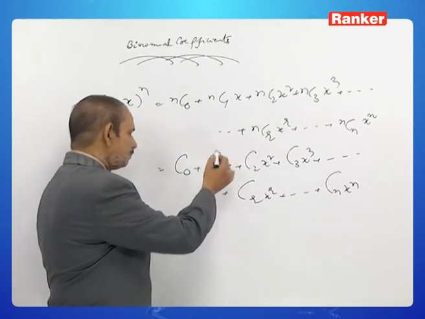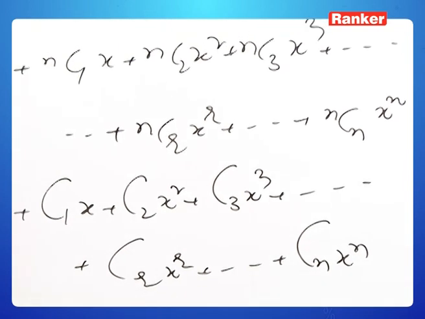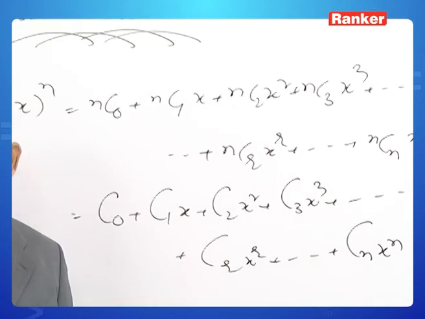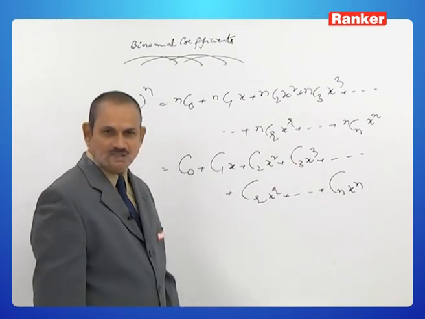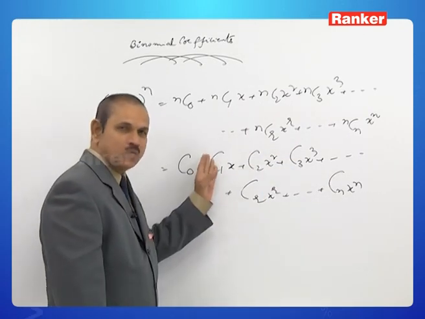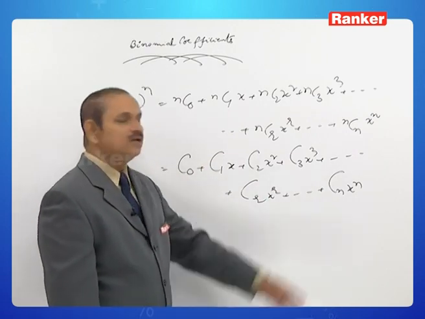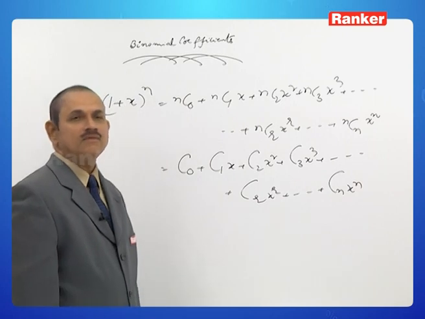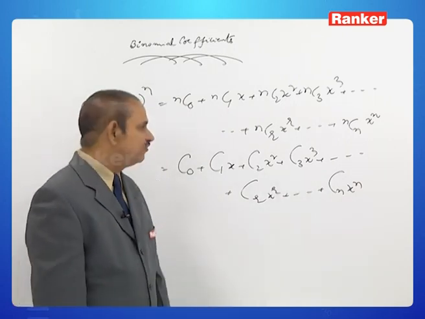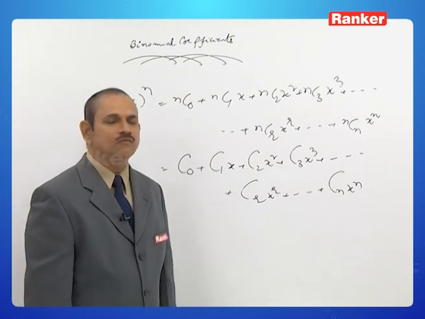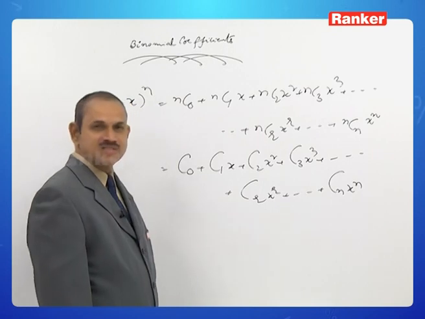By writing this big C, we are omitting to write n. Even though we omit to write n, it is understood that C3 means nC3, C2 is nC2, C1 is nC1, C0 is nC0, Cr is nCr, Cn is nCn. Just for the sake of brevity, we introduce this style of representing the binomial coefficients.